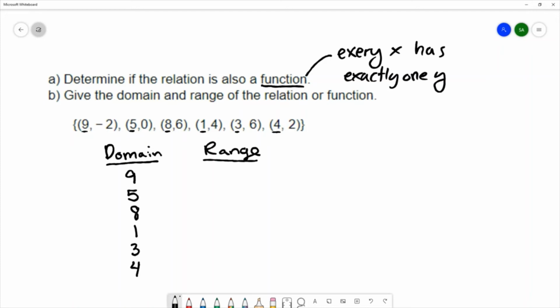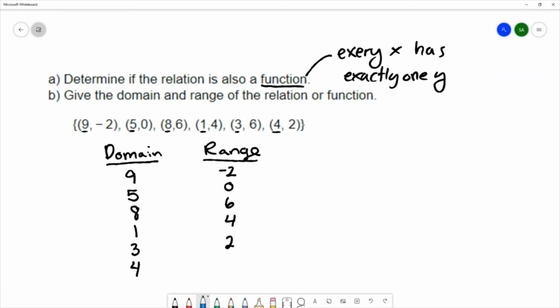For the range, we have values of -2, 0, 6, 4, 6. Since that 6 repeated, we're not writing it again. And then 2. Then we would draw connections between these values for every ordered pair that we have.